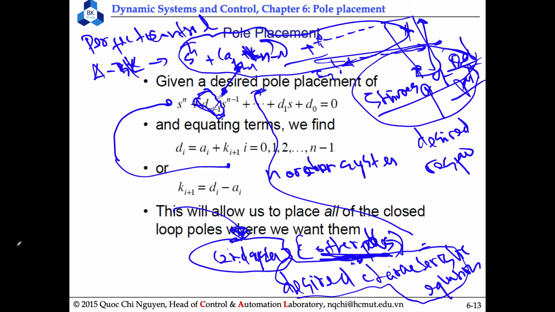From this balance we can obtain the value of every k, and by obtaining k, we can obtain the controller u equals minus kx plus r.